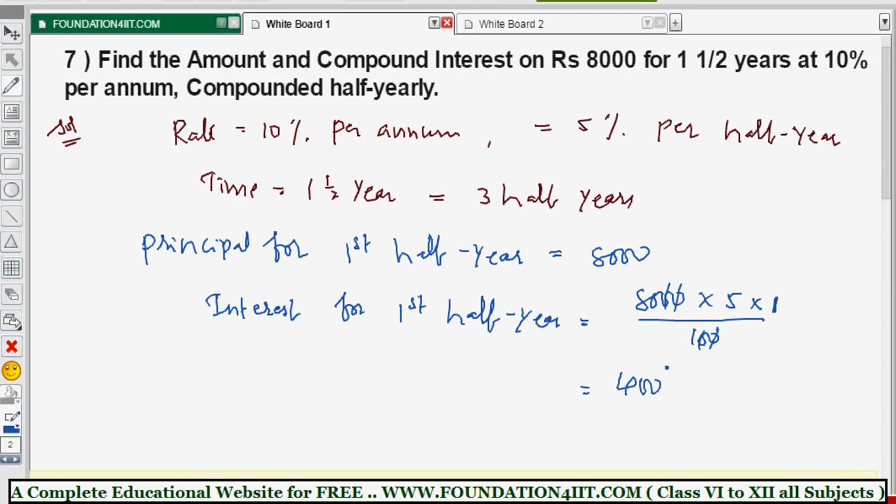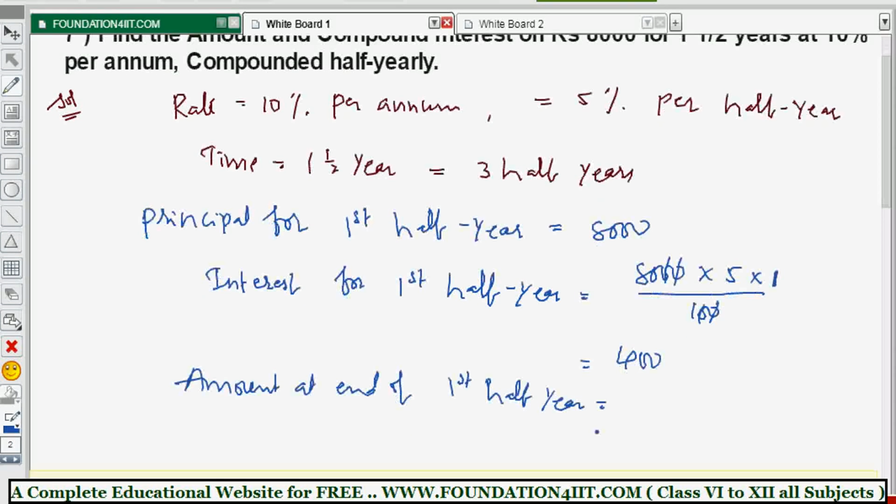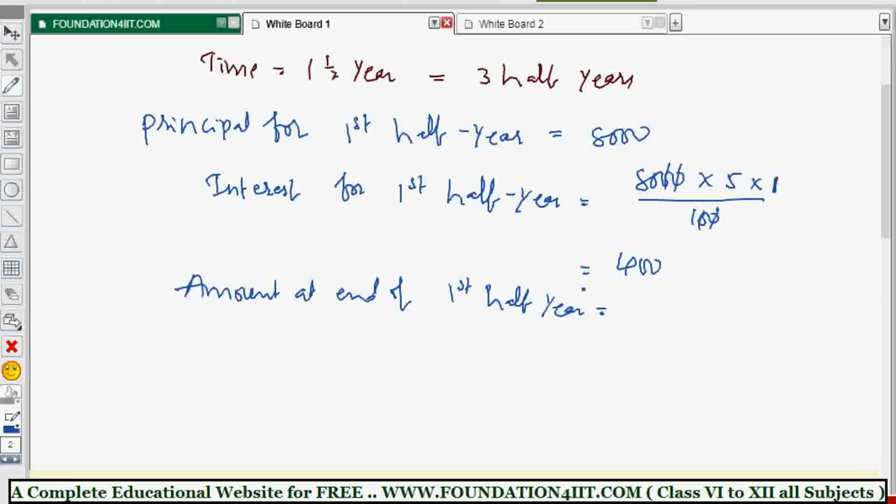Now we add this to get the amount at the end of the first half year: 8,000 plus 400, that is 8,400.